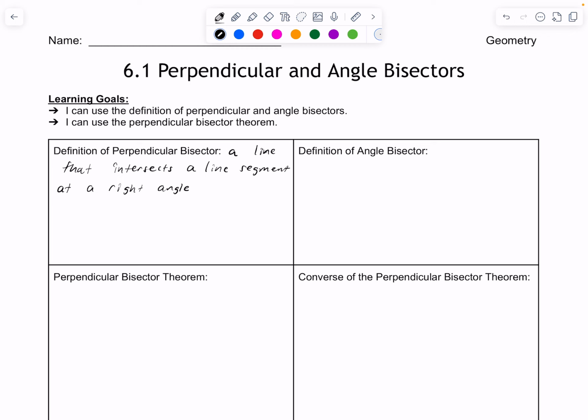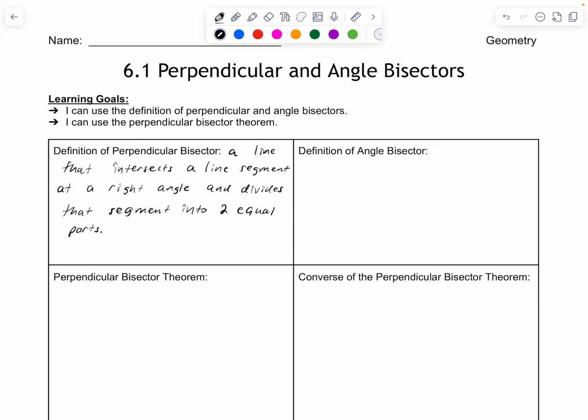And then also it divides that segment into two equal parts. All right, that is the definition of a perpendicular bisector.